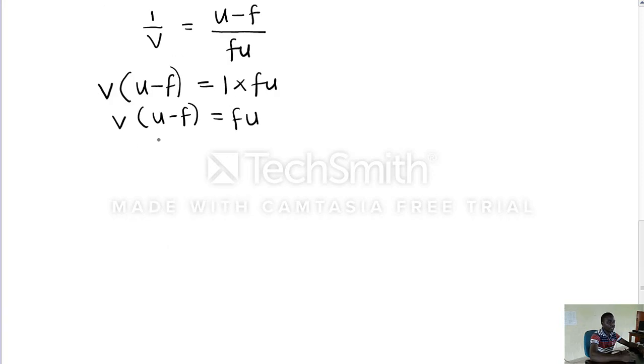Simplifying further, making v the subject of the formula after clearing those fractions, I'm going to divide both sides by what we have in the bracket, which is u minus f.